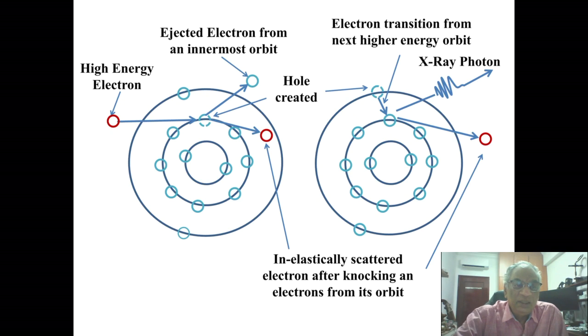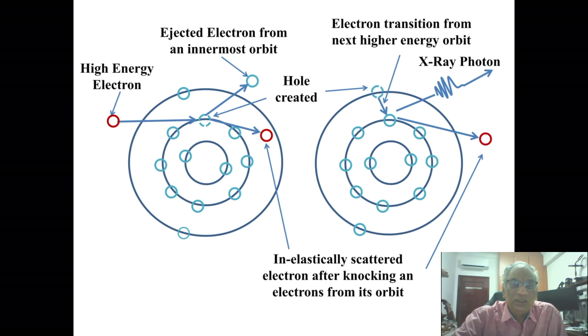And as the energy is lost by the high energy electron, it will get deviated from its direction of motion by losing energy. Energy lost is spent in expelling the electron from the innermost orbit. So as hole is created, from next higher energy level orbit, another electron will try to occupy the lower orbit. The energy difference is given out as an X-ray photon.